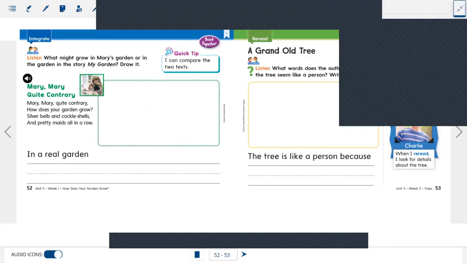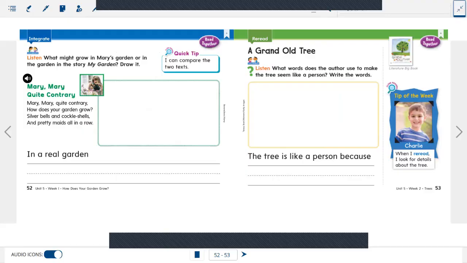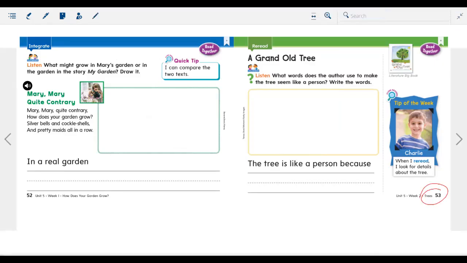Okay, let's turn to page 53 in our close reading companion. We're at 53. A grand old tree. What words does the author use to make the tree seem like a person?